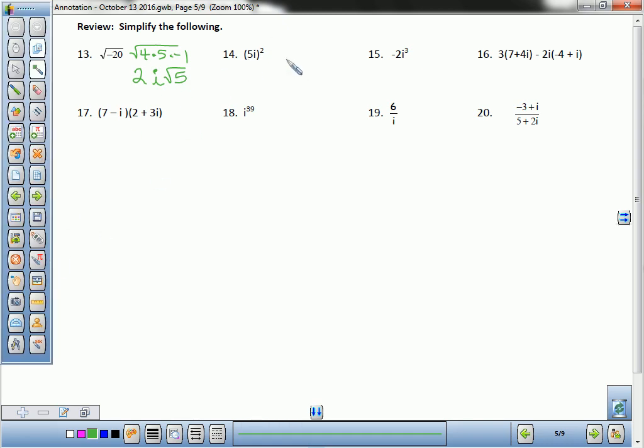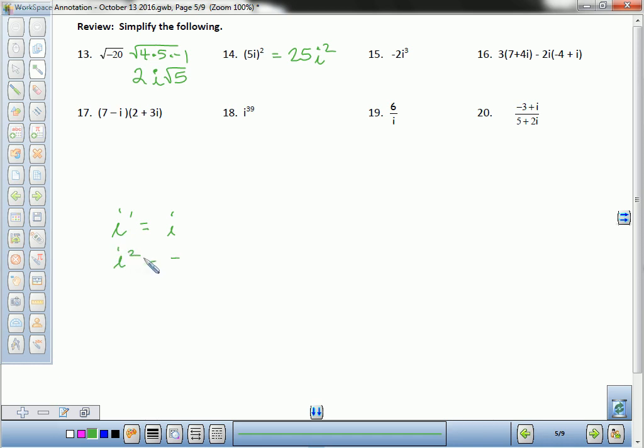Okay? When we square this, 5 squared is 25. i squared is i squared. But remember, i to the first is i. i squared is negative 1. i cubed is negative i. i to the fourth is 1.